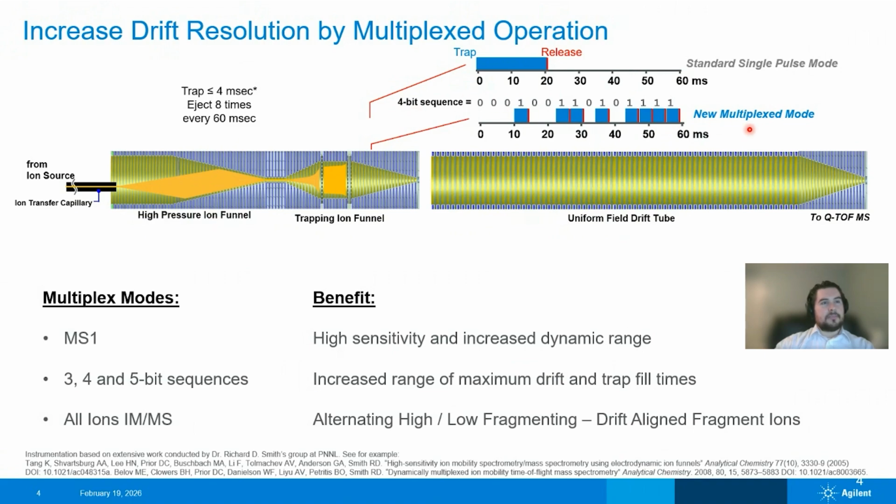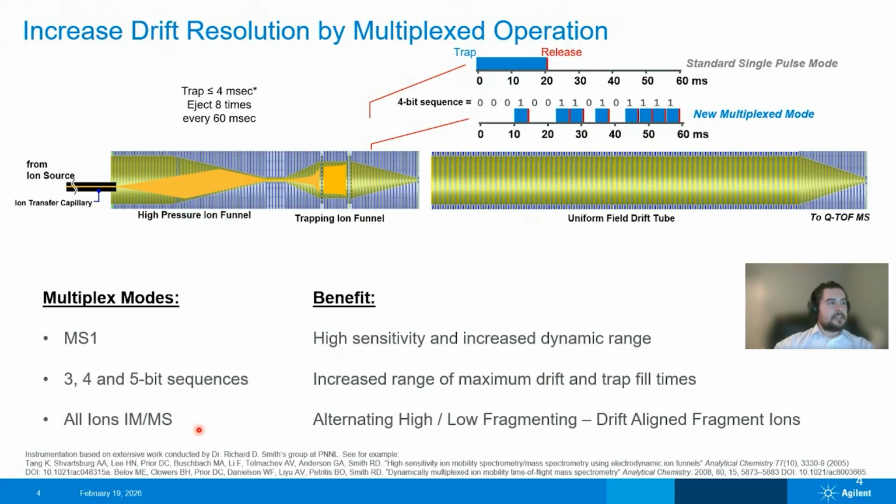In what we call our multiplex mode, which I'll get into a little more, we multiplex the ions. Instead of doing one trap and release event, we're doing multiple small packets of ions. You get theoretically a 50% duty cycle because we're trapping 50% of the ions. But that makes the data a little more complicated. We have to use some algorithms to deconvolute the data on the back end.